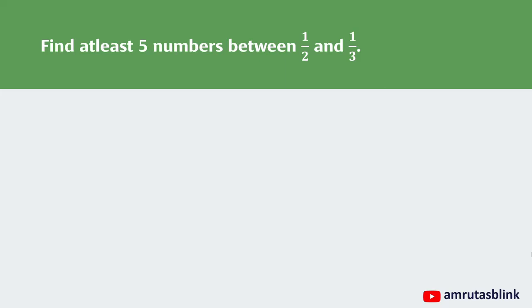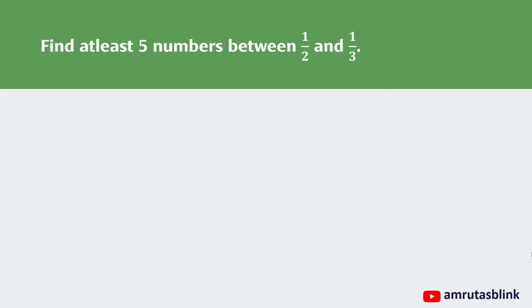So the first step is we will find out the LCM of 2 and 3. LCM of 2 and 3 is 6. Now we will find the next or next to next multiple of 6. The next multiple of 6 is 12, or let's say on the safer side we will consider one more multiple, that is 18.